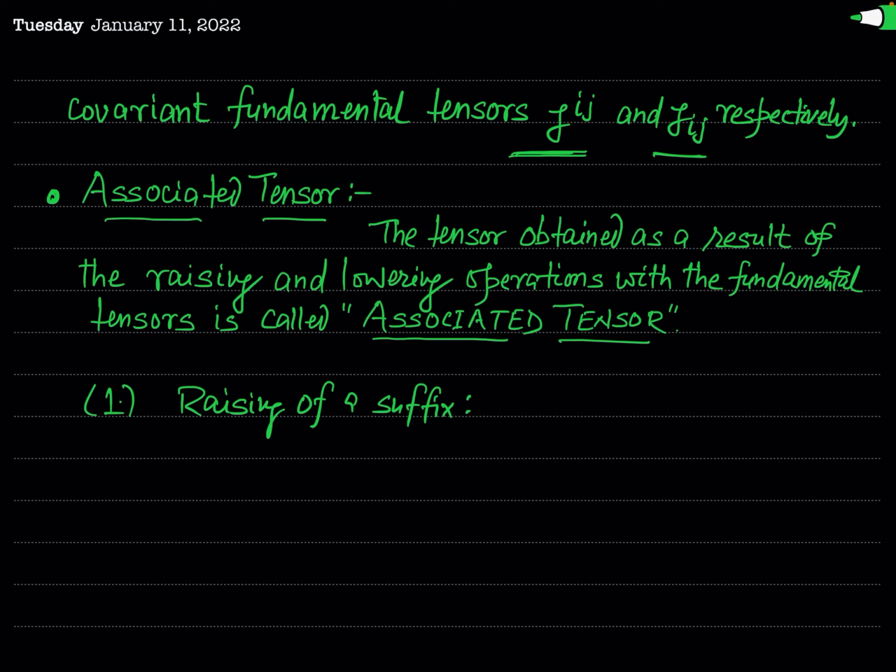Let A sub j be a covariant tensor of rank 1, or you may also call it a covariant vector.